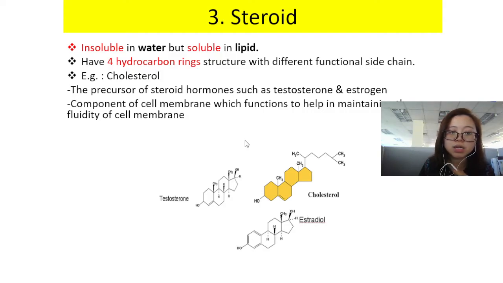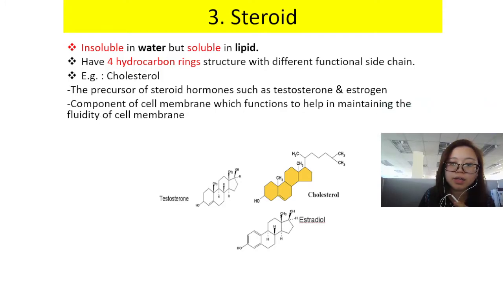Cholesterol is the precursor of steroid hormones such as testosterone and estrogen. So, kolesterol itu boleh diubah menjadi bentuk testosteron dan estrogen. And it is a component of the cell membrane which functions to help in maintaining the fluidity of cell membrane.